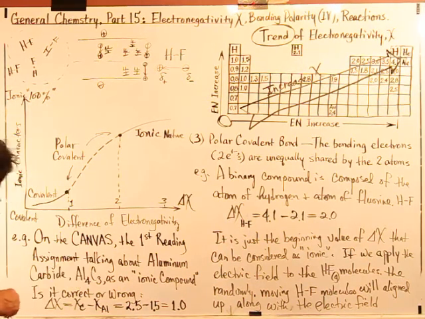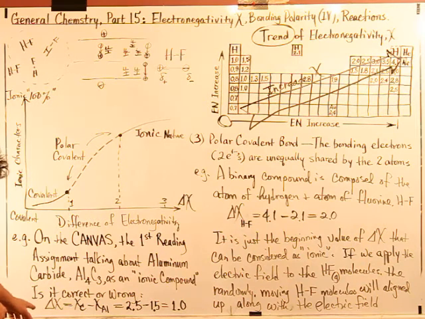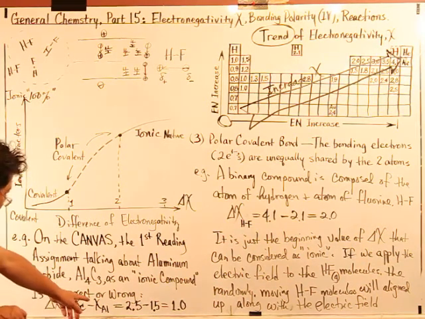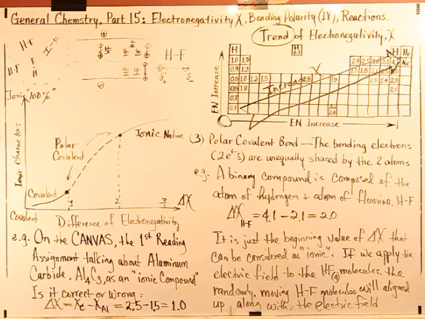So the difference, delta chi, between carbon and aluminum is 2.5 minus 1.5, which is 1.0. Now check this diagram. At 1.0, along this line, it's the borderline of covalent and polar covalent.